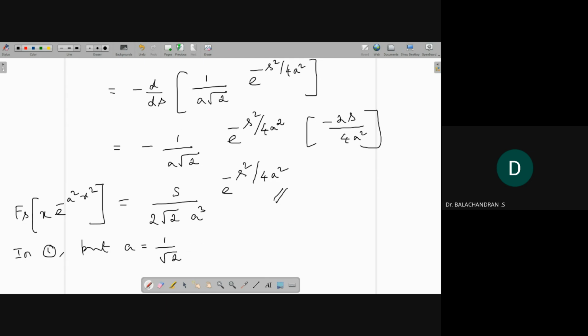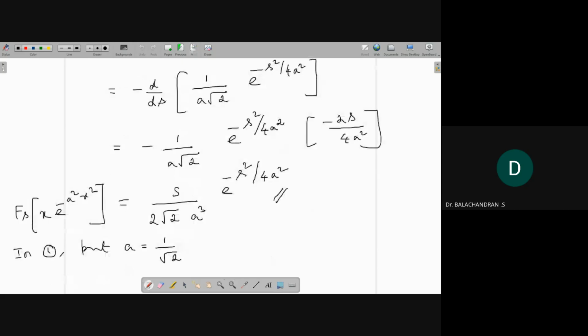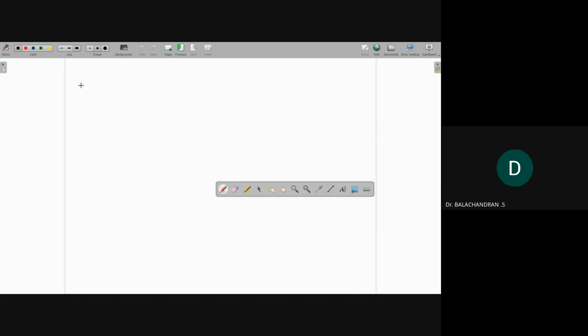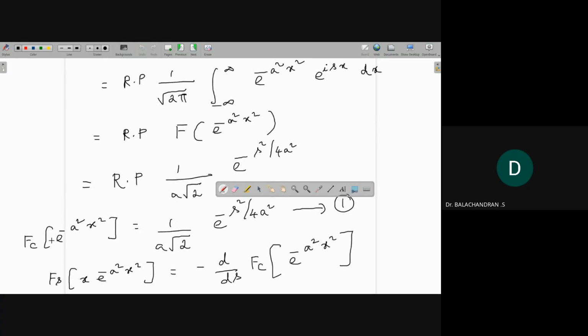So then what you'll get? Fc of e power minus x square by 2.